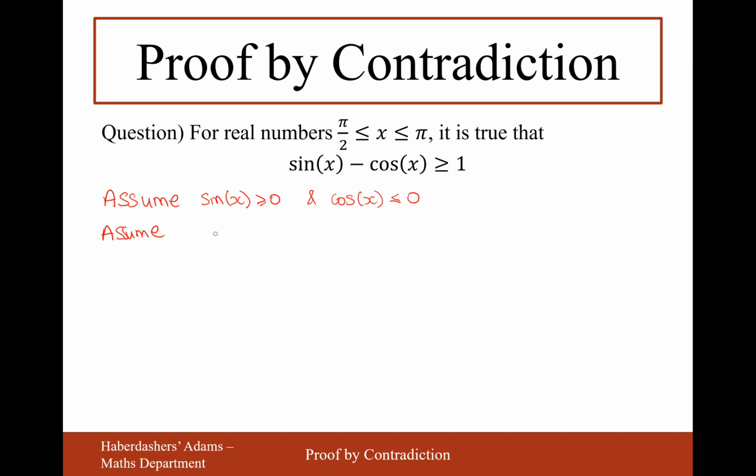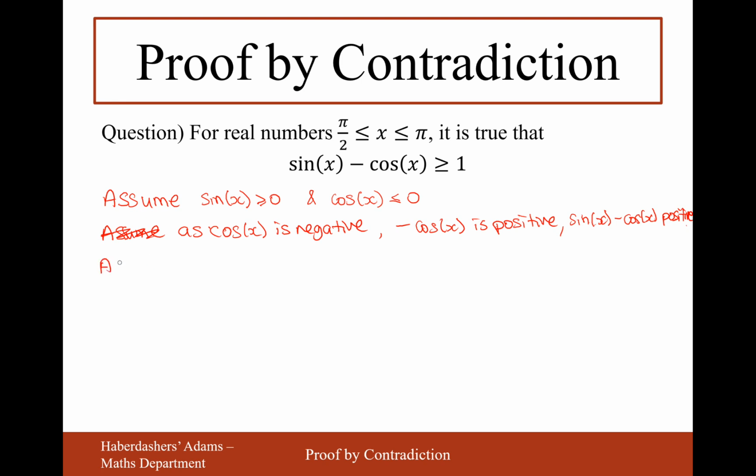So I know that, as cos x is negative or 0, minus cos x is positive, and then when you add it onto sine, it will be positive as well. So I know that sine minus cos is positive. So I'm not going to consider sine minus cos being negative here.